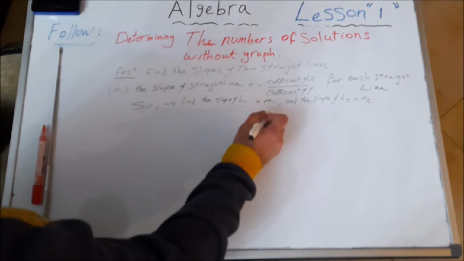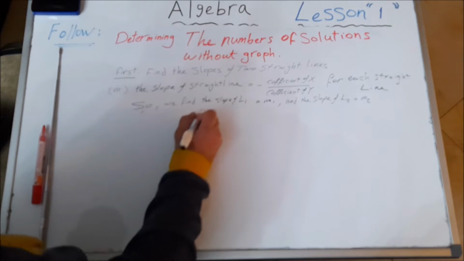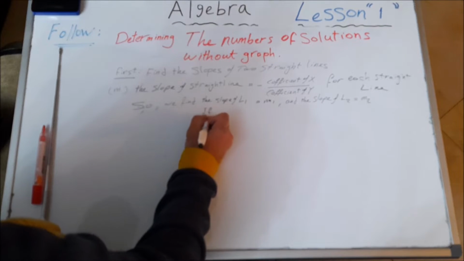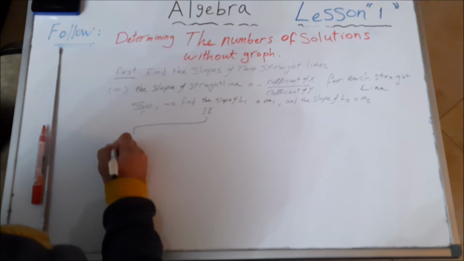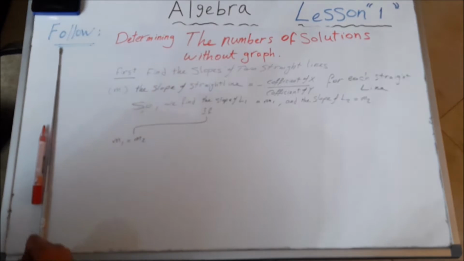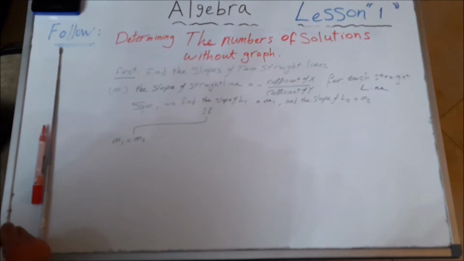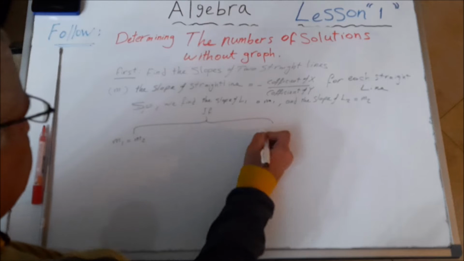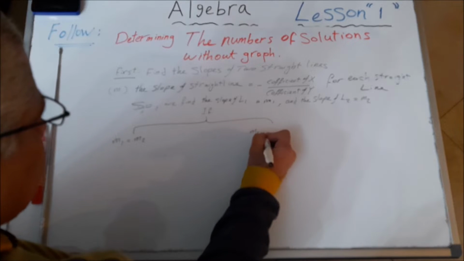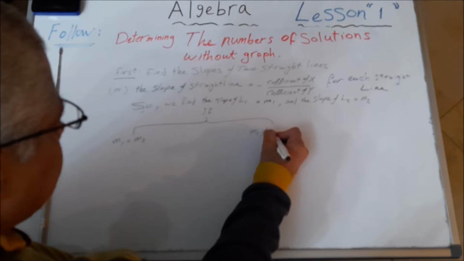طيب بعد ما هجيب ال M1 and M2 هلاحظ عندي if M1 equal M2 or M1 doesn't equal M2.